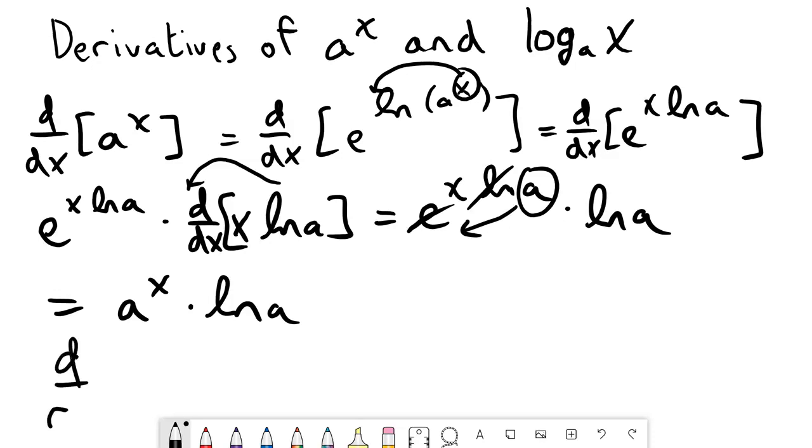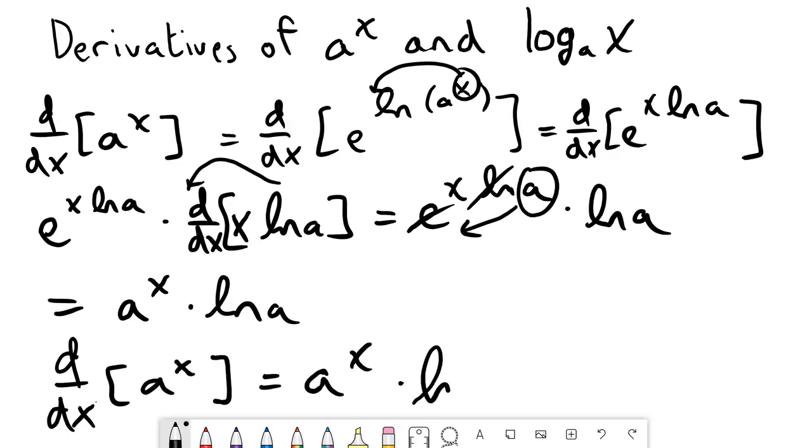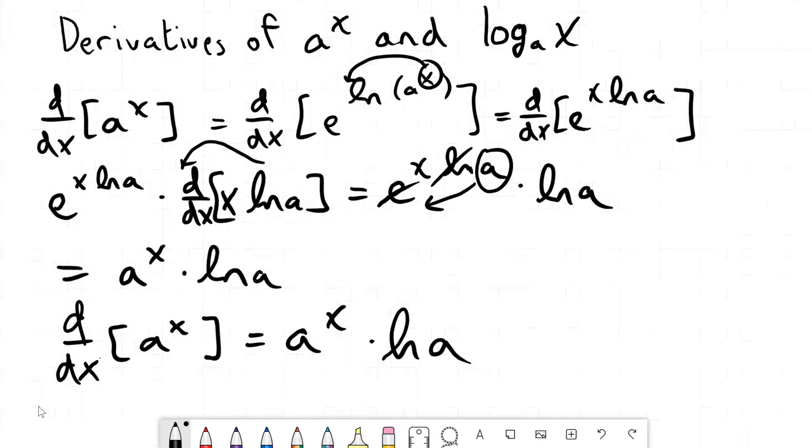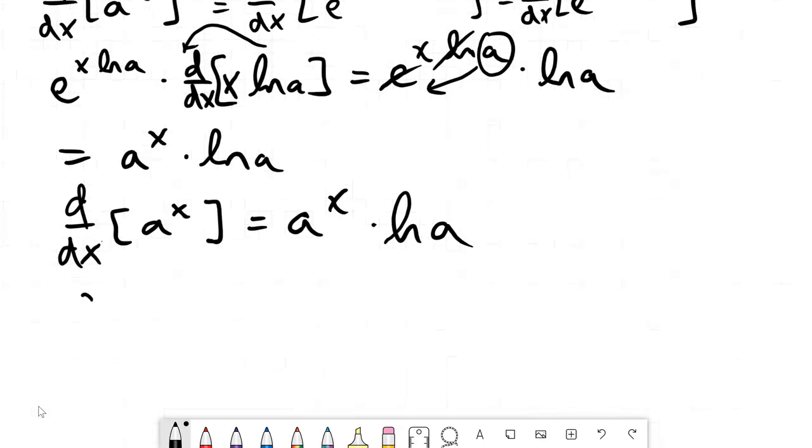In all, we get the derivative with respect to x of a to the x is equal to itself times the natural log of a. So it ties in with the derivative of e to the x, but we just multiply by the natural log of whatever the base is. And we can verify this. Let a equal e.